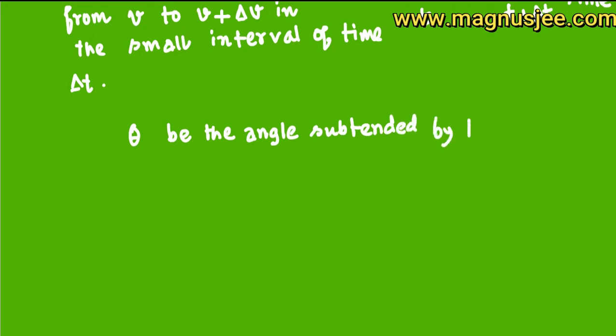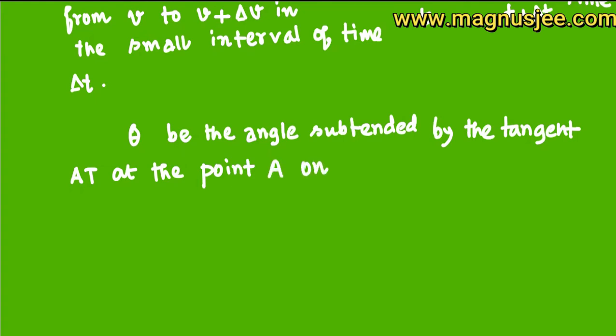Now let theta be the angle subtended by the tangent at the point A on the velocity time graph.